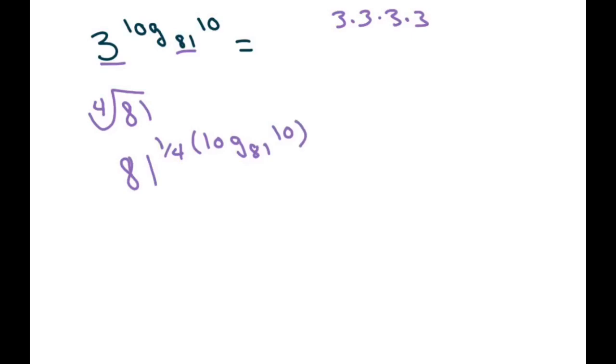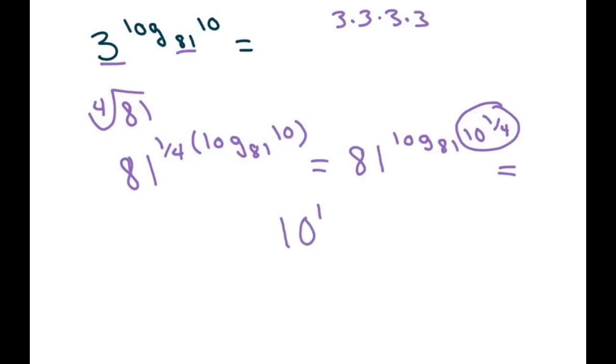Now, using your power property, you get 81 to log base 81 of 10 to the 1/4. So, using our formula, my answer is 10 to the 1/4, which is the same thing as the 4th root of 10.